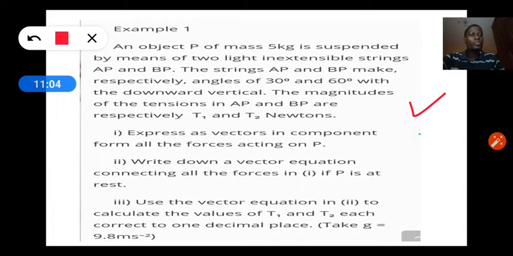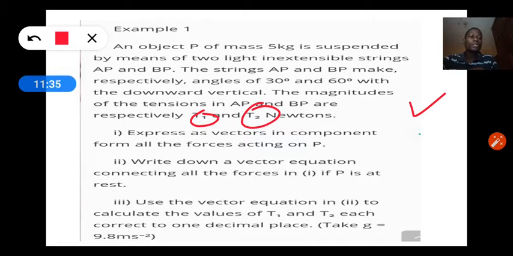The magnitudes of the tensions in AP and BP are respectively T1 and T2. The question they are asking us first is to express as vectors in component form all the forces acting on P.